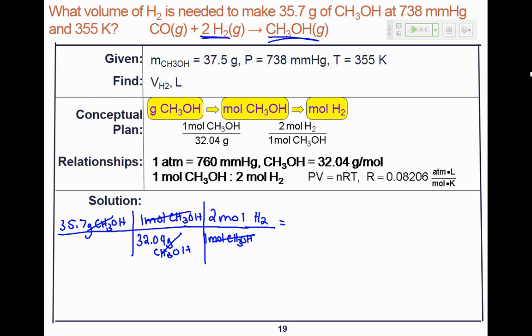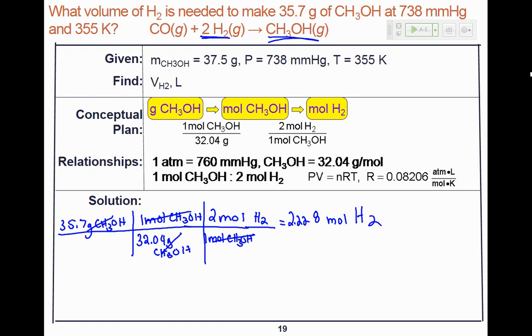So when we do this calculation, we get 1.114 moles of methanol. And now we can figure out, oh, sorry. I broke that up in my work. I have it broken up in 2 separate steps in my work.